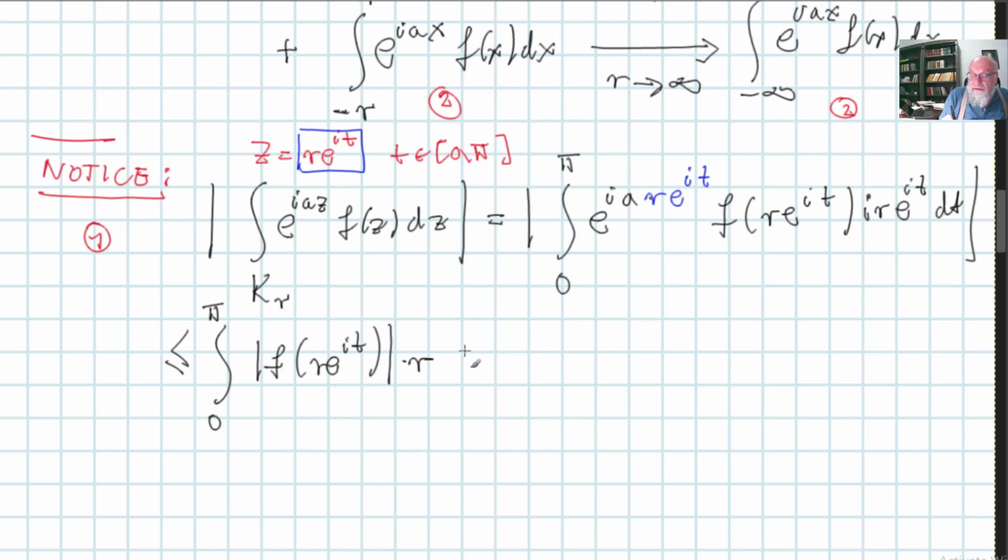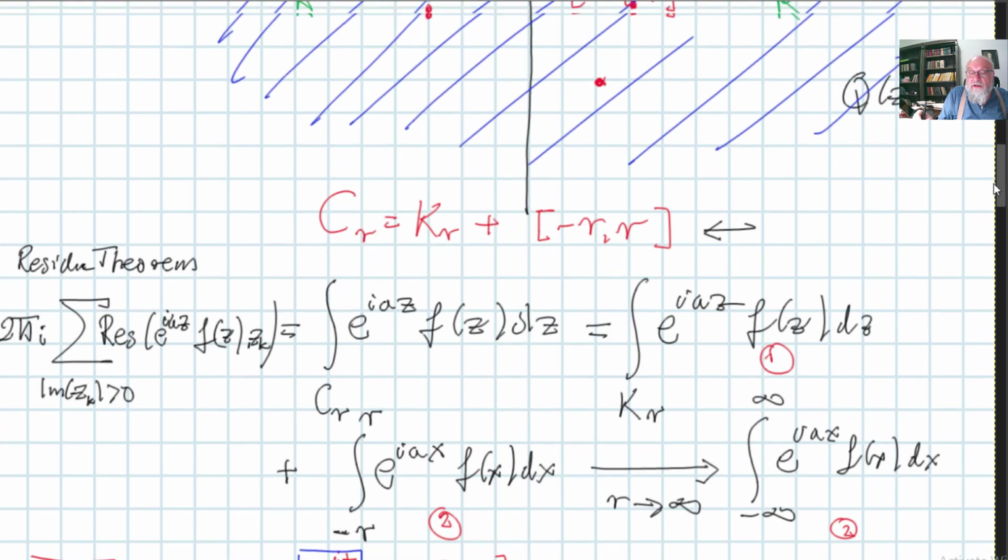In the case of the exponential, I put the absolute value of e^{iar(cos t + i sin t)}. And then we have dt. Now I can pull it out, because this is from the circle: this is your z, and that is your modulus of z.